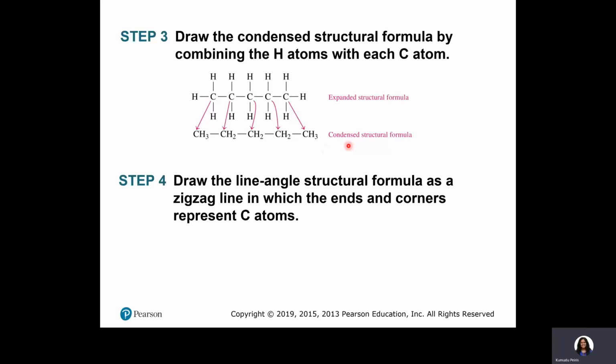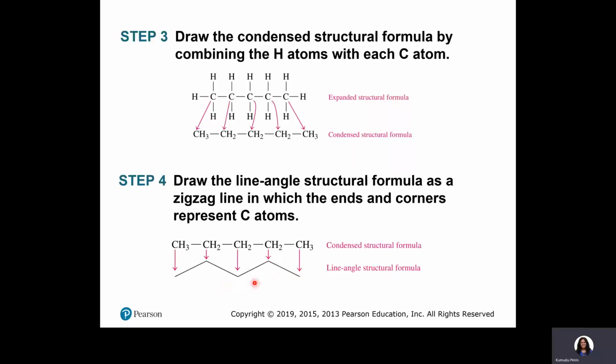Next, we'll draw the line angle structural formula for this pentane. Now, I'm going to draw this structure as a zigzag line, in which the ends and corners represent the carbon atoms. So this is an end, and these are ends and these are corners. Each end and corner represents a carbon atom: CH3 here, CH2 here, CH2, CH2 and CH3.